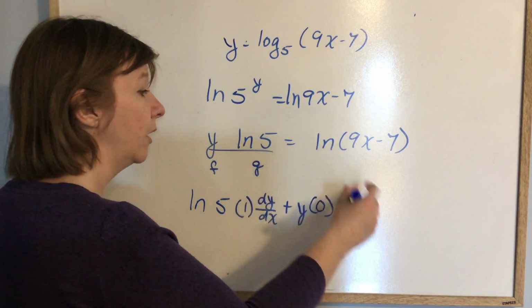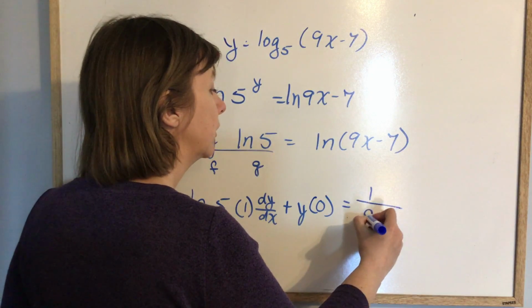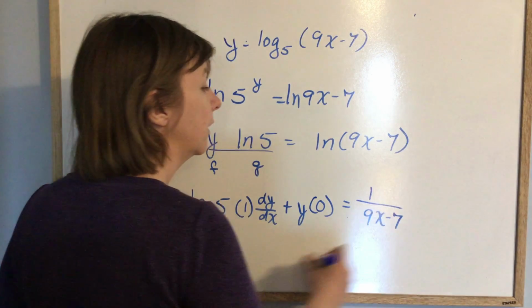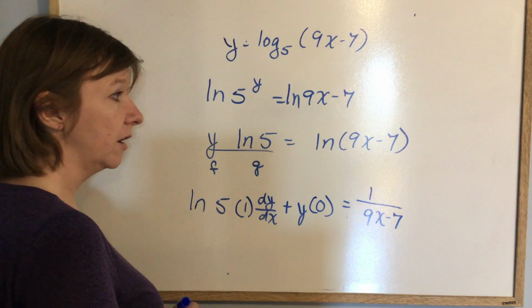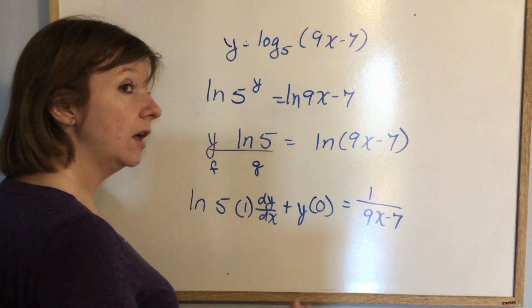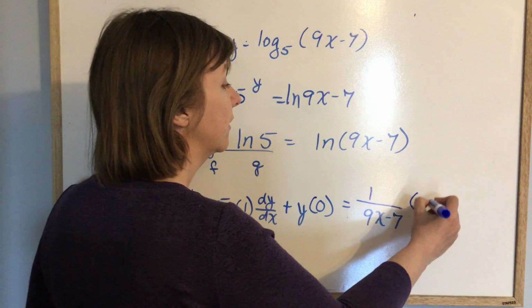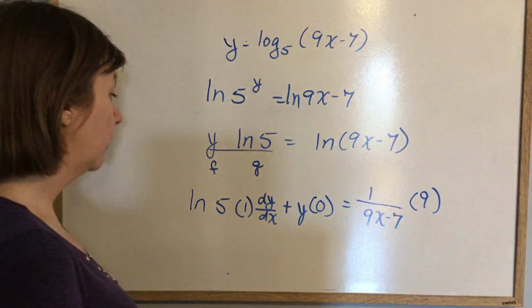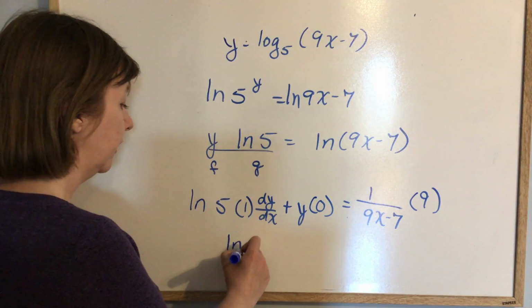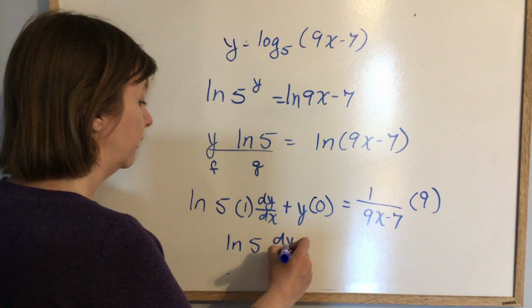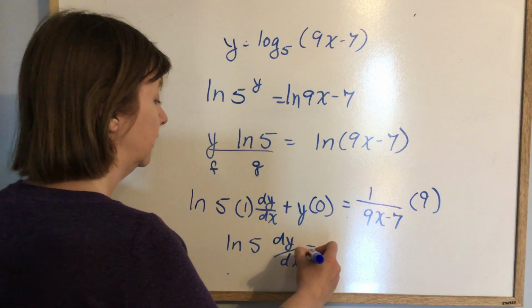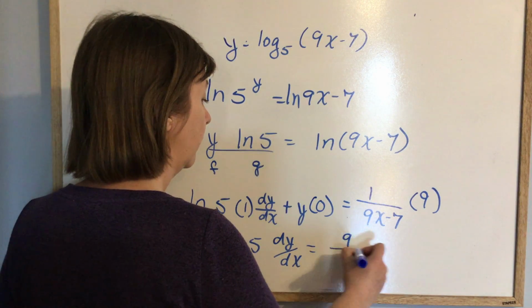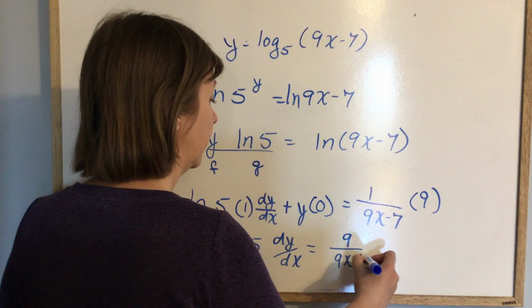The derivative of ln is 1 over whatever I'm taking the ln of, which in this case is 9x minus 7. Then I take the derivative of what's inside, which would just be 9. So currently I have ln 5 dy over dx equals 9 over 9x minus 7.